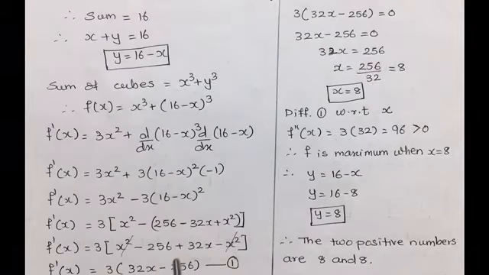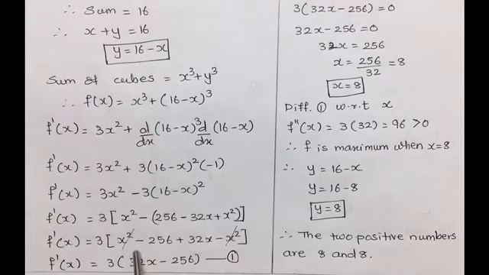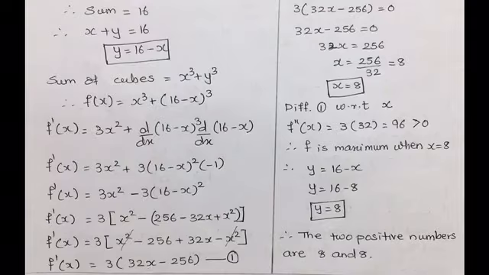Opening the bracket, x square and x square get cancelled, remains inside the bracket. f dash x is equal to 3 into (32x minus 256). So this statement is marked as 1.